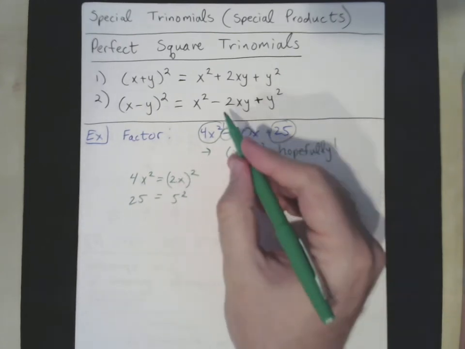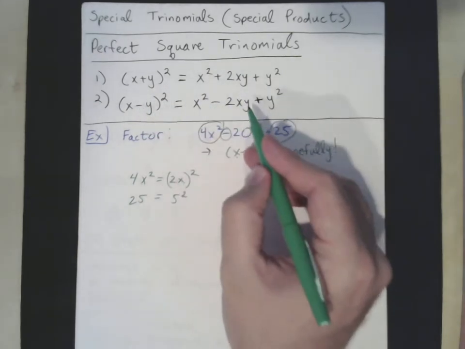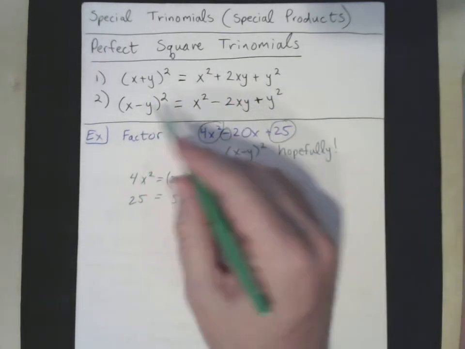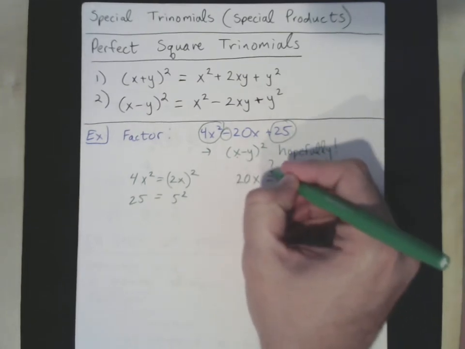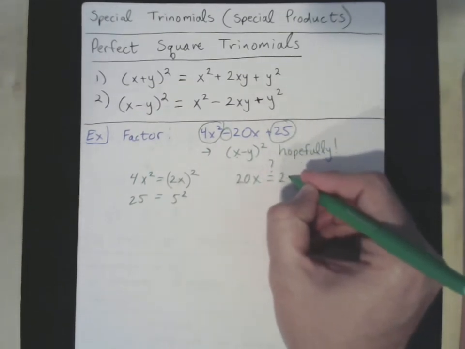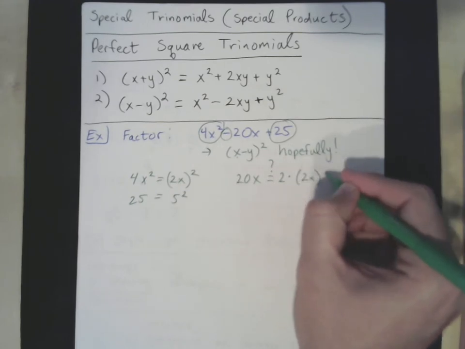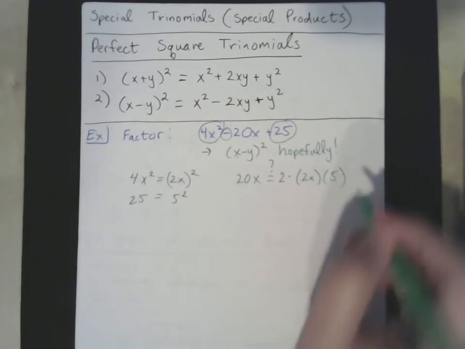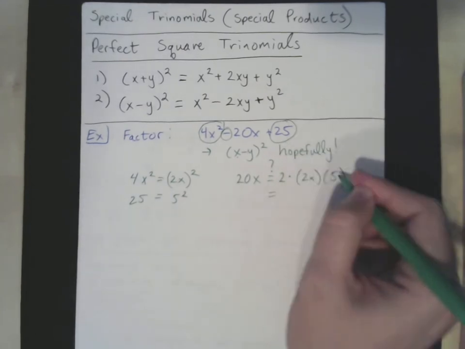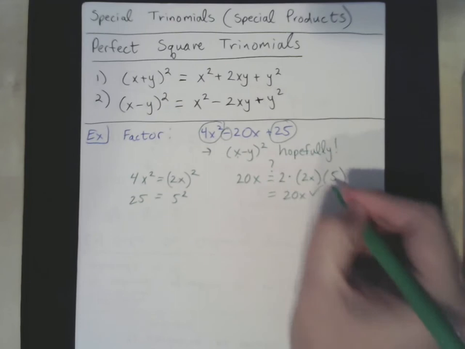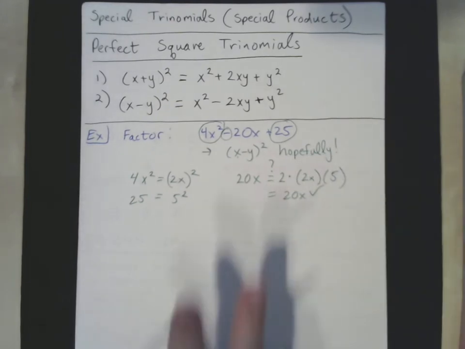Because it should be 2 times the insides of the x and the y. So 20x, does this equal 2 times our insides, 2x and 5 respectively for x and y. And this is 2 times 4 times 5, which is 20. So yes. So that's what you check.